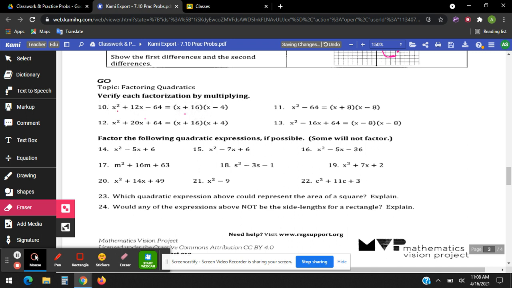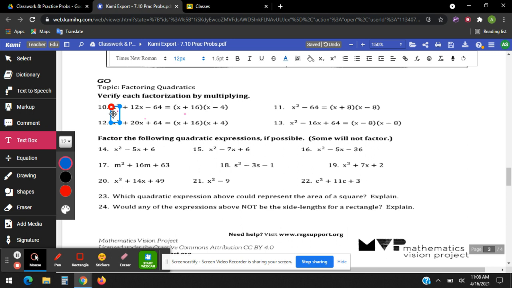We'll go ahead and type this. You can't even read what I'm doing otherwise. Okay, so we have x to the second plus 16x, and x times a negative 4 is minus 4x, and then 16 times negative 4 is a negative 64.